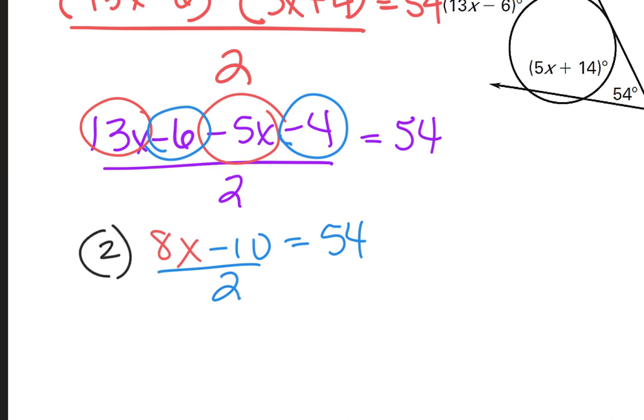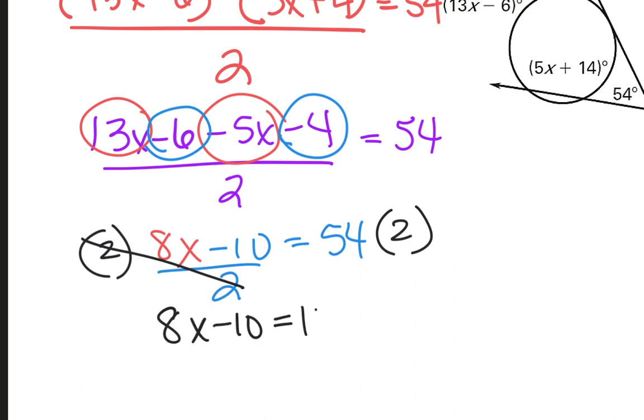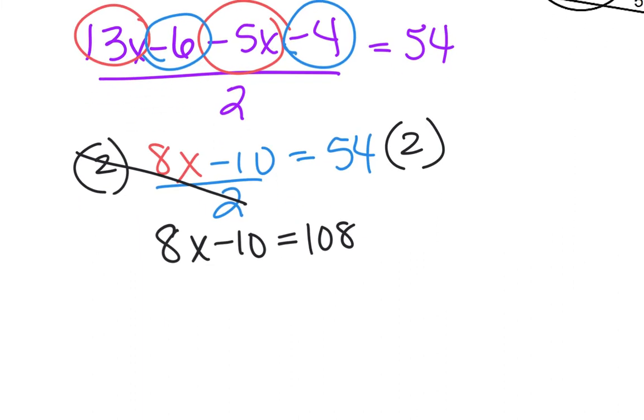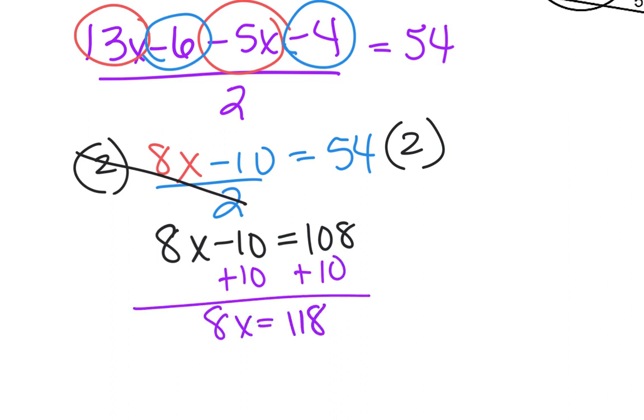Multiply by 2. The 2's cancel out. You're left with 8x minus 10 equals 108. All right. From here, what would the next step be? Add the 10. So 8x equals 118. We'll divide by 8. And what's our x value?